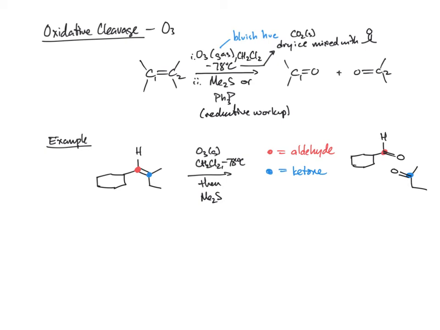So ozonolysis is a pretty classical reaction in organic chemistry. Again, I haven't gone through the mechanism of how this happens. It's pretty steppy. It is interesting. It's most likely in your book for you to review. But conceptually, I just want you to be able to understand the logic.